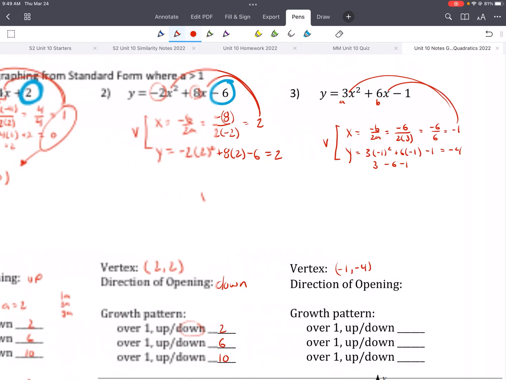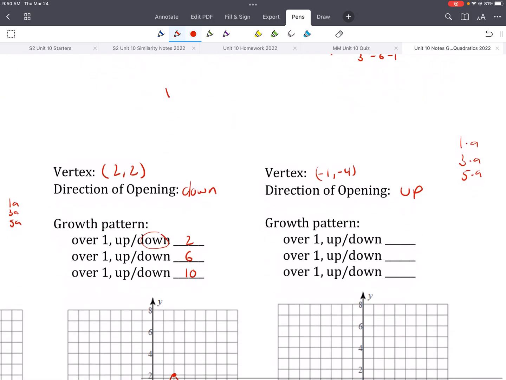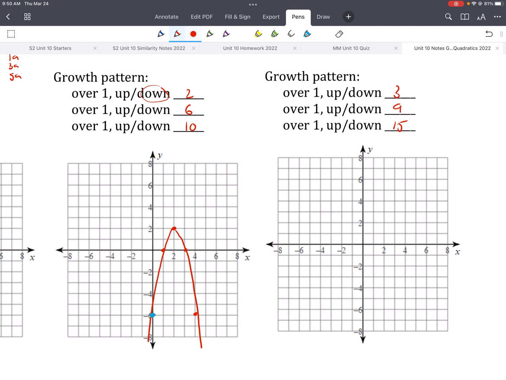For this one, it looks like A is positive, so it's going to open up. And our pattern here, again, it's 1 times A, 3 times A, 5 times A. Since A is 3, we'll do 1 times 3 is 3, 3 times 3 is 9, and 5 times 3 is 15. Okay, but usually we won't be able to fit that 15 in your graph because that's pretty big.